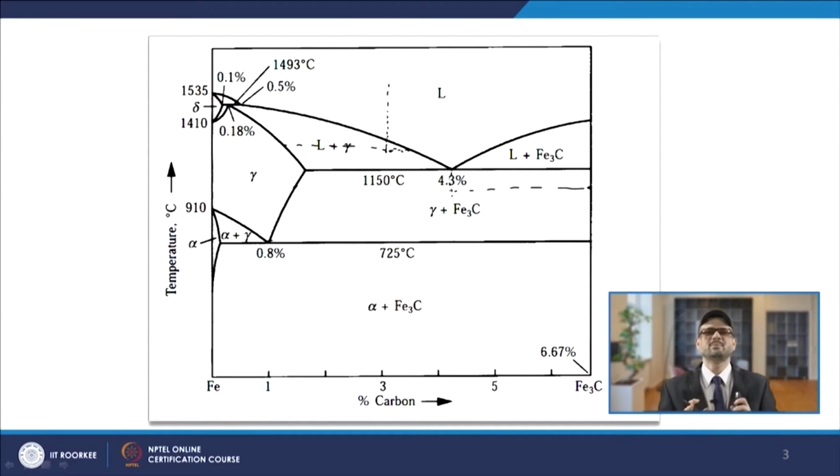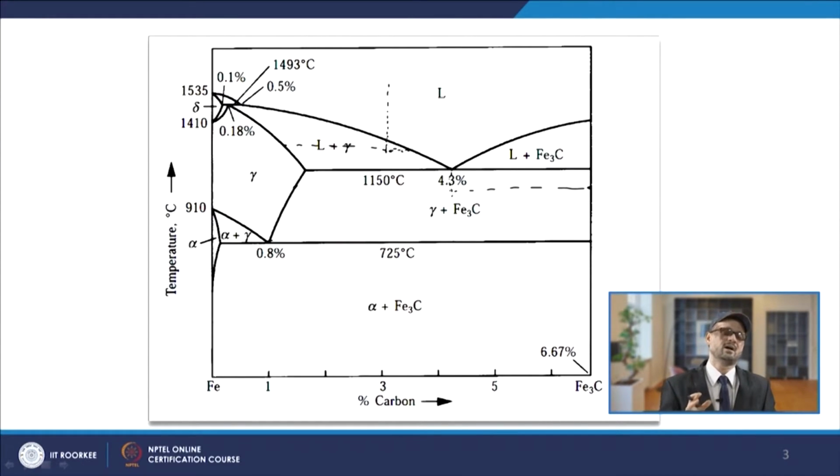So, when your cooling rate is high, you will get Fe3C, and when your cooling rate is small, you are likely to get graphite.